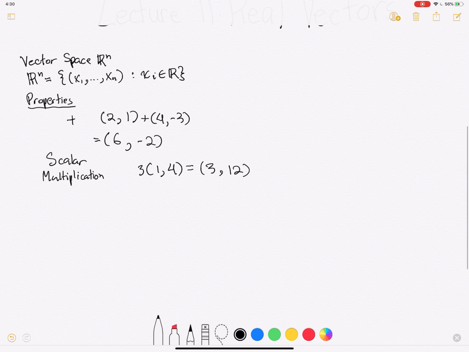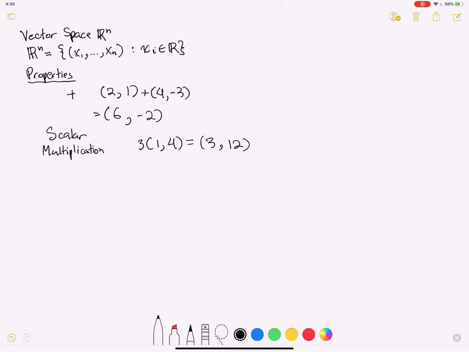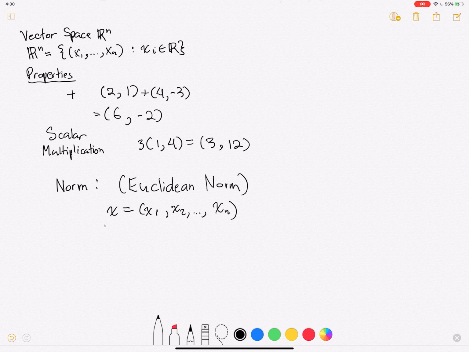And this isn't true for every vector space. For Rn, it has the Euclidean norm. So x equals x1, x2 to xn. The norm of that is just the square root of the sum of squares of each element.